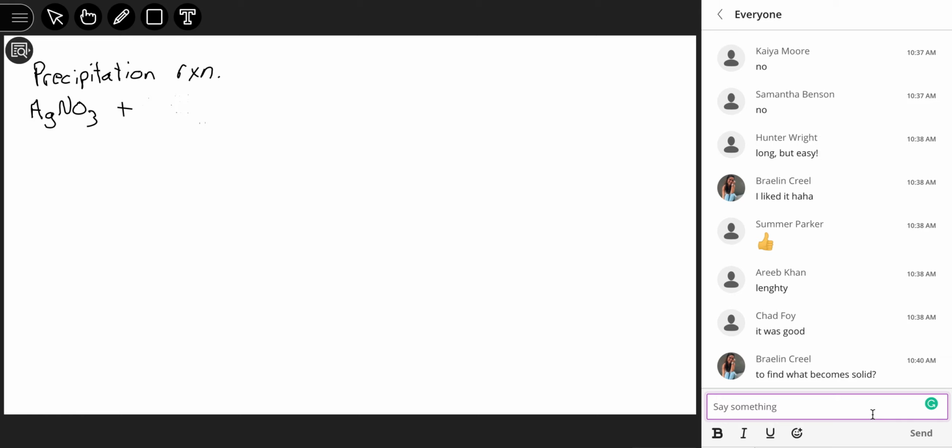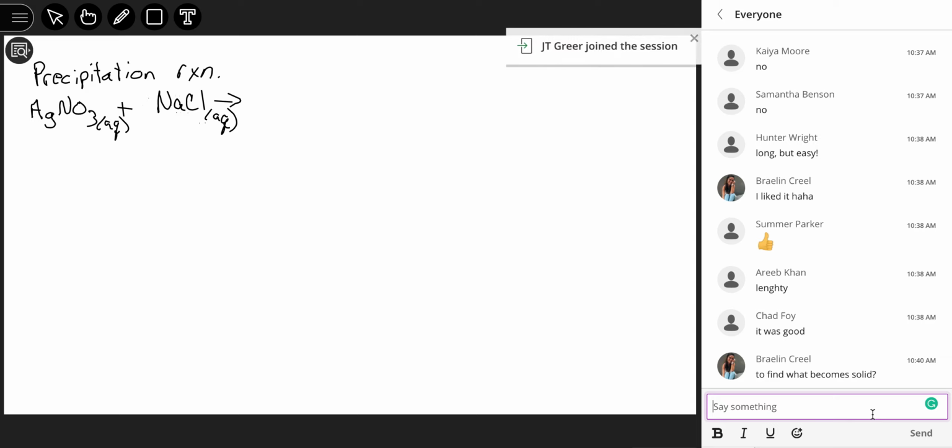All right, let's do sodium chloride solution instead. All right, and both of these are aqueous. And let's say in my lab, I need to mix two things together to get a solid. I don't know why I need to do this, but for some reason, I need to get a solid. And I have these chemicals in the lab, so I want to see what's going to happen.